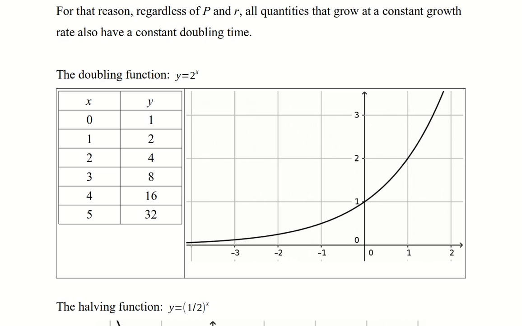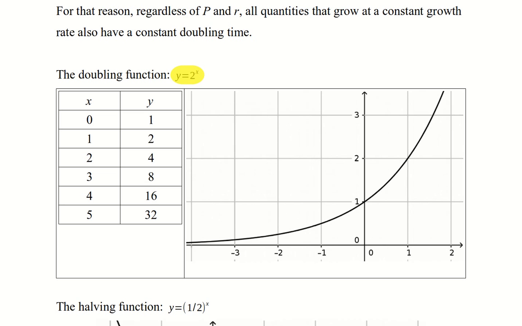So a reminder in this first sentence, for that reason, regardless of the starting amount P or the rate of growth R, all quantities that grow at a constant growth rate also have a constant doubling time. And because that's true, the doubling function, y equals 2 to the x, is an excellent place to look to understand exponential growth.